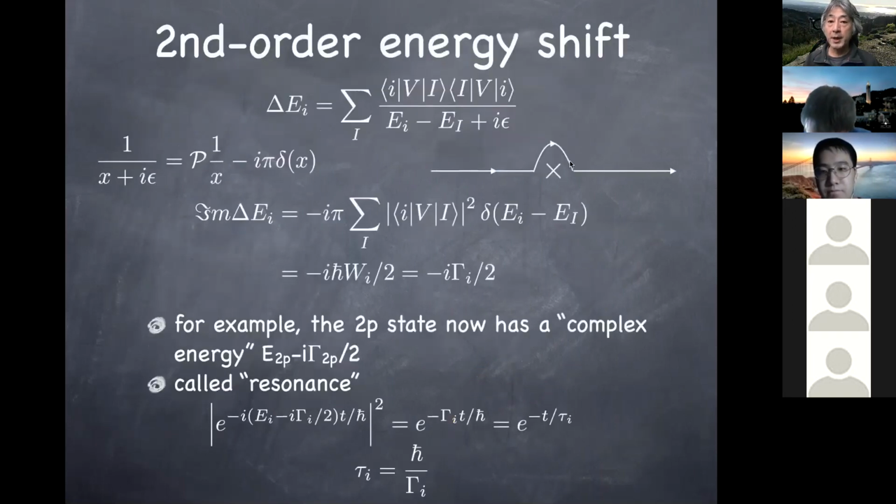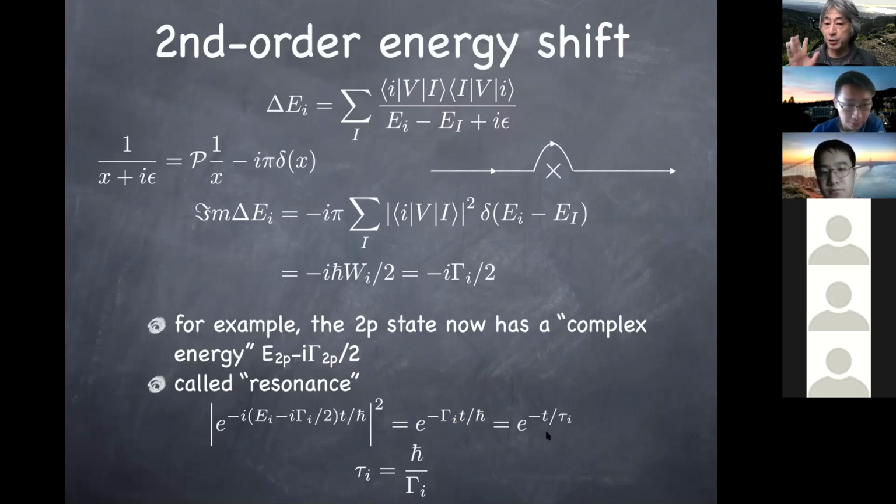What we computed here is the energy shift of the 2p state at second order in perturbation theory. And indeed, we could identify the imaginary part of how much the energy of the 2p state shifts due to the perturbation. We had this idea that the imaginary part of the energy should correspond to exponential decay. Here, I immediately put the eigenvalue into the exponent.